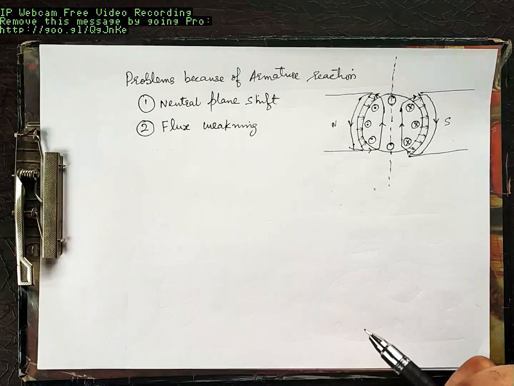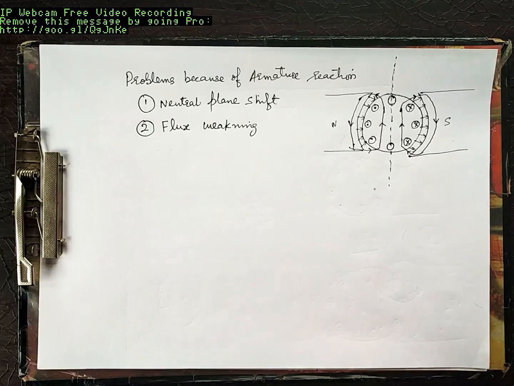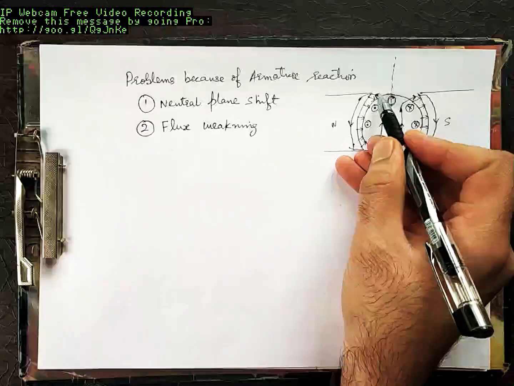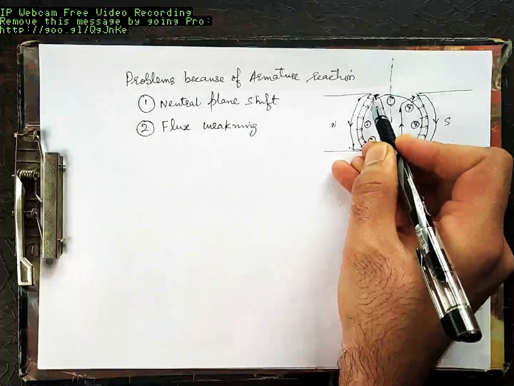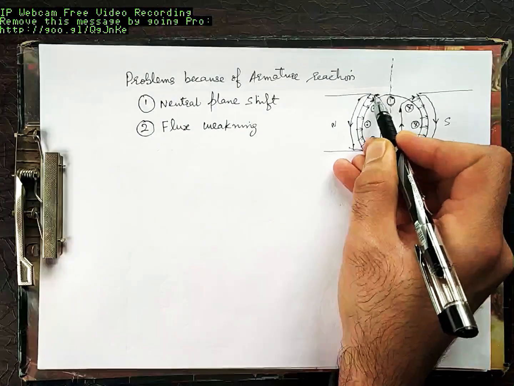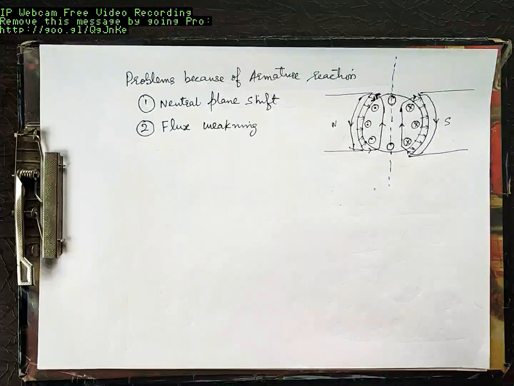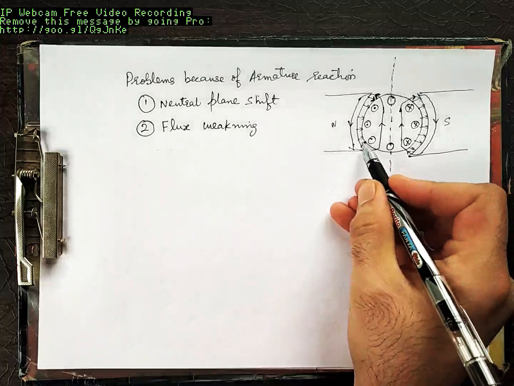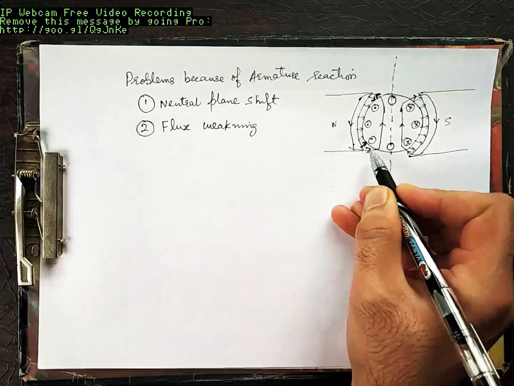Now tell me one thing. Because of the armature reaction, is the magnetic flux here added to the main field or subtracted from the main field? It is subtracted. While here the two fields are added together.